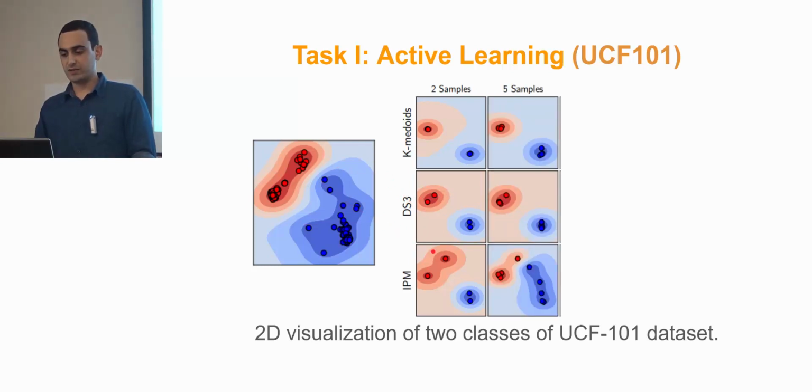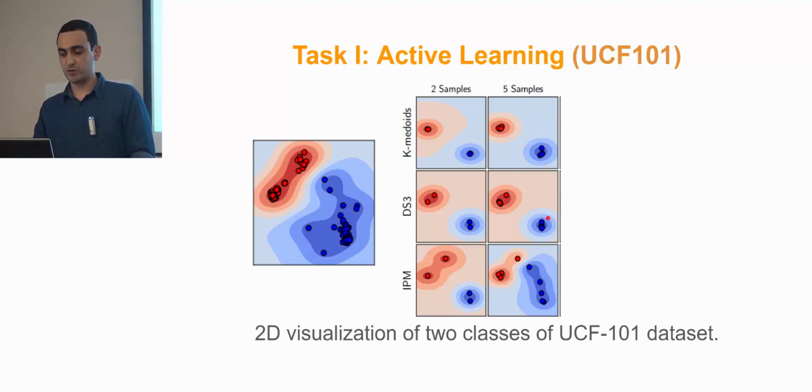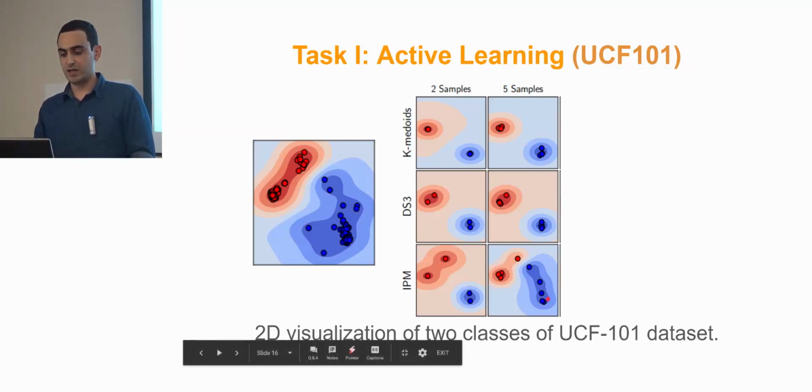And if we select 5 samples, the decision boundaries for both of the classes are even more similar. If you compare with the other 2 methods, you can see the difference and how similar the decision boundaries learned by IPM are.